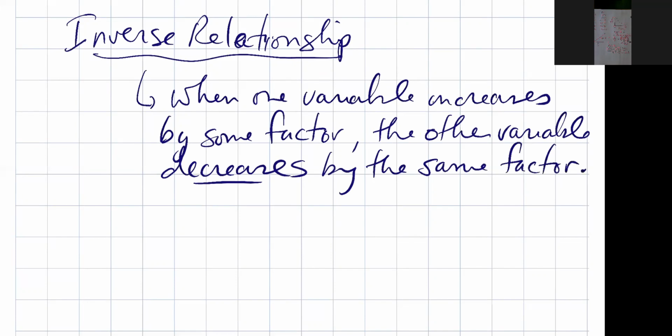So in other words, if you were to make the A values 3 times bigger, then you'd find that the B value is 1/3 of its original value. So one variable increases while the other one decreases proportionately in an inverse relationship.